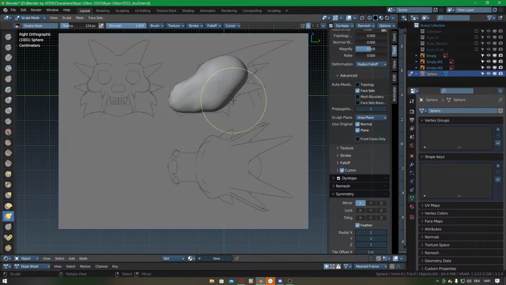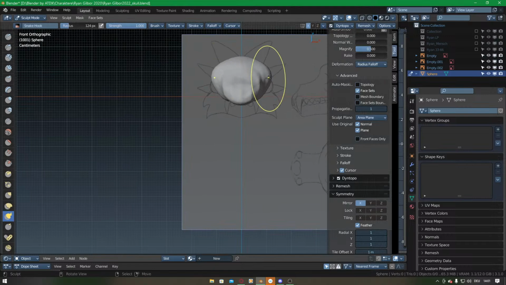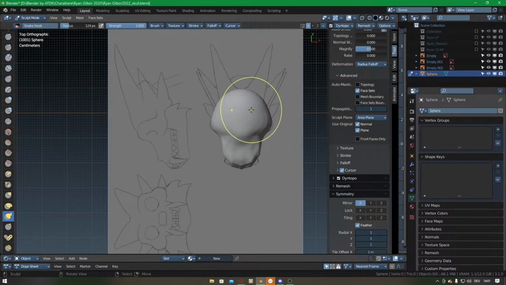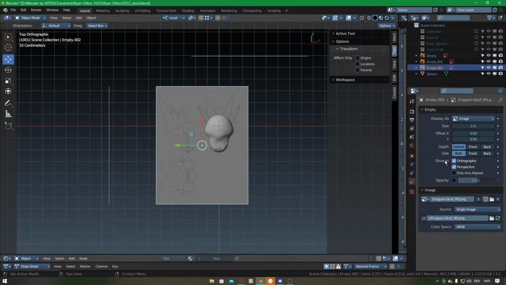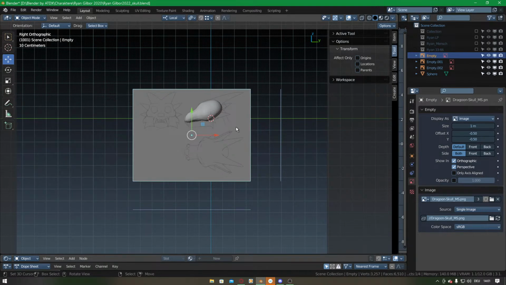Now let's see. So I need to basically produce the skull on top and then the jaw separately. Okay. Now the thing is that these are not really showing.